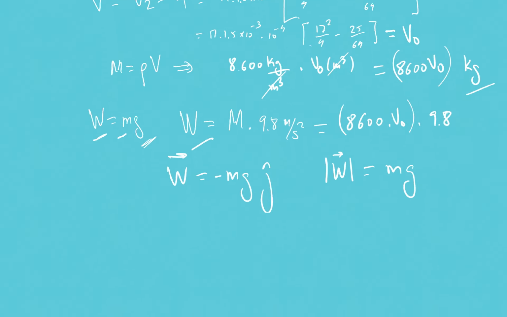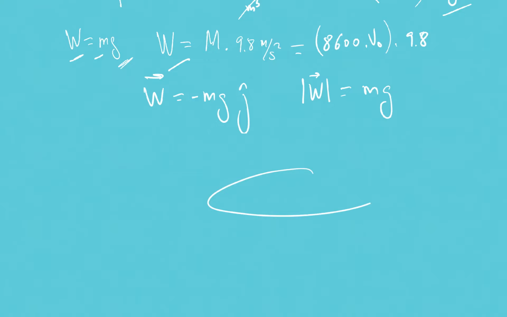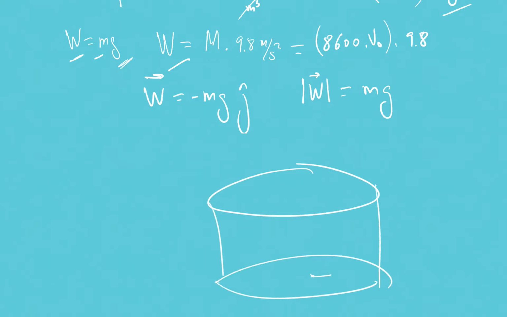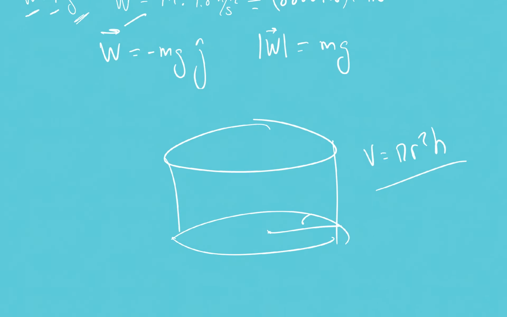So the essential thing here is that the volume of a cylinder like this is pi r squared by h. That is the first essential thing to understand. And the second thing is that if this has radius r2, the volume will be pi r2 squared by h.